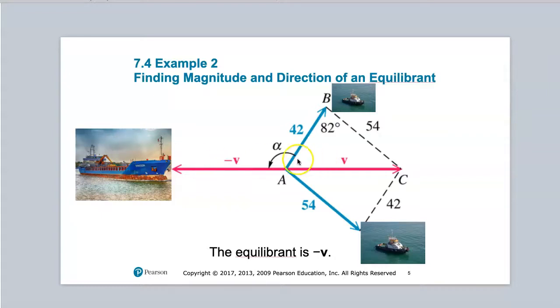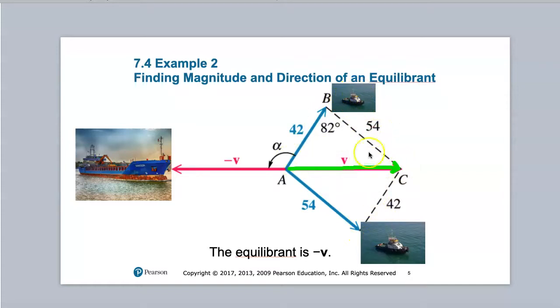What we see here is that the two tugboats together are pulling in different directions with different strengths, but their pulling is pulling to the right. So the resultant vector, the result of these two tugboats working hard together, is going to be this positive vector v. This positive vector v is the resultant of these two tugboats working together.